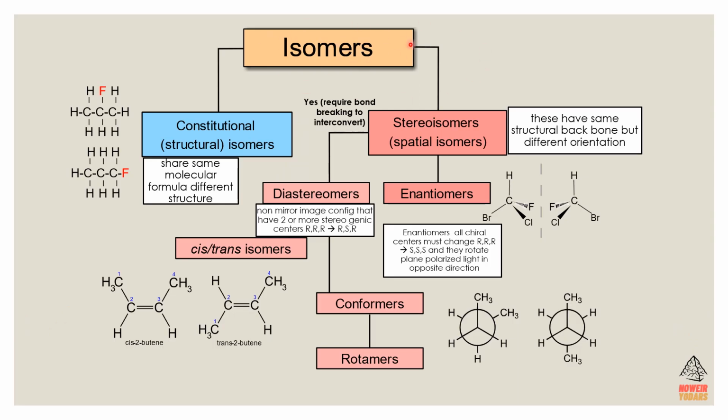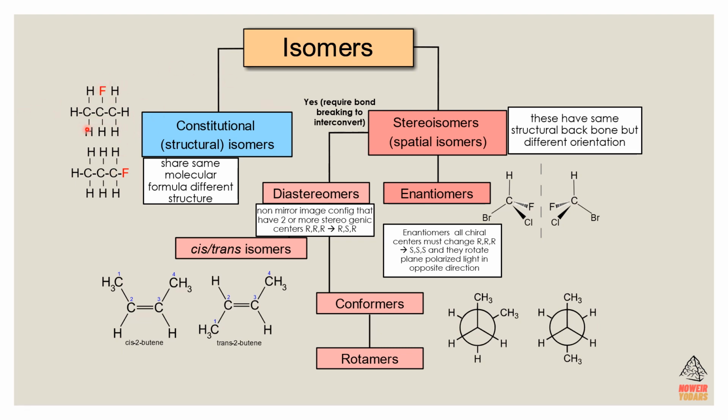So isomers are there when you have atoms connected in a structure, and they can differ in terms of structure, physical properties, arrangement or configuration. So we're here to explore the types of isomers. We have constitutional or structural isomers, and these share the same molecular formula but have different structures.